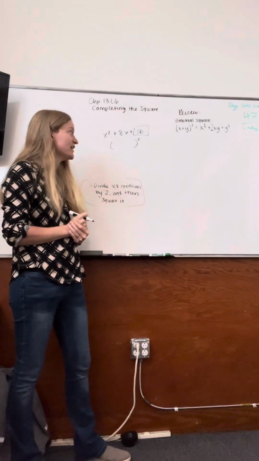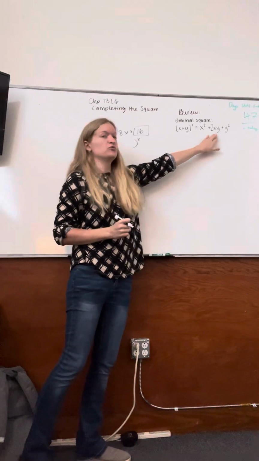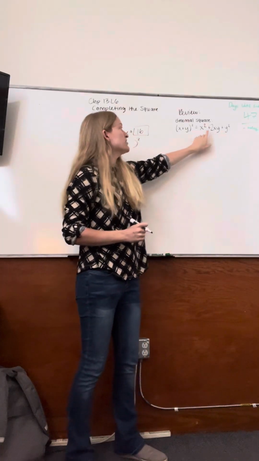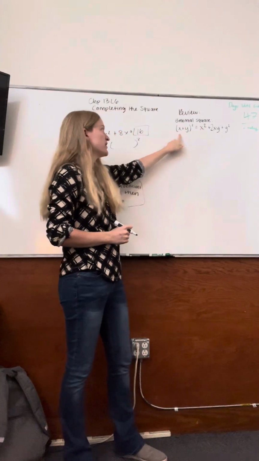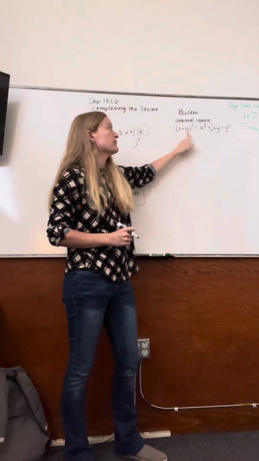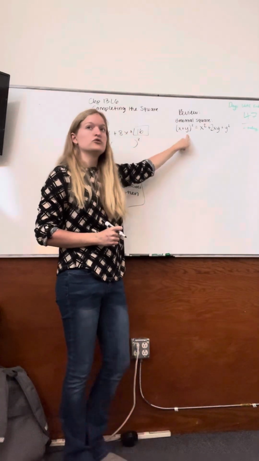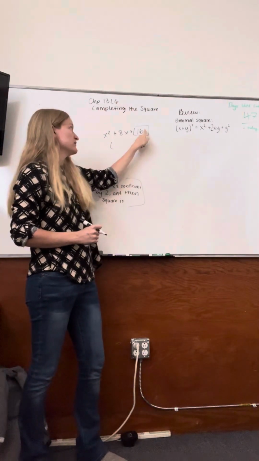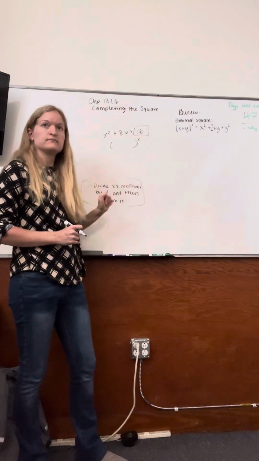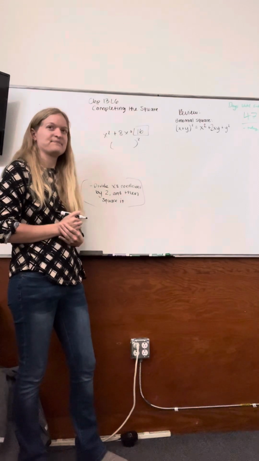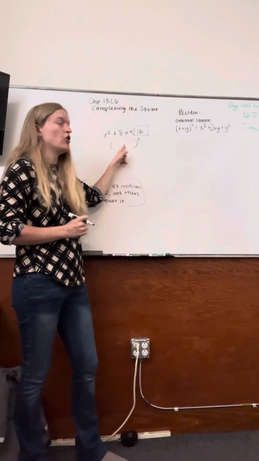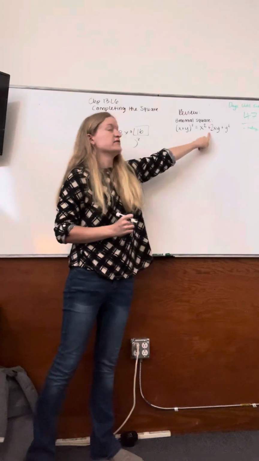Do you remember? It has to do with this one. If you have a perfect trinomial square, then you take the square root of the first term and put it here, and the square root of the last term and put it here. Whether it's plus or minus in the middle depends on if this sign is positive or negative.